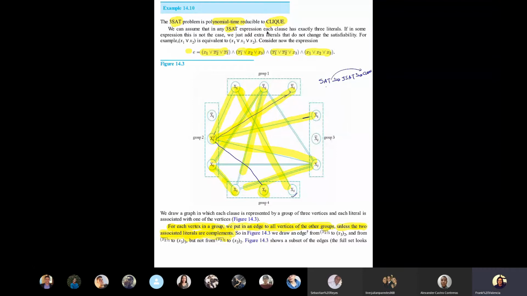So the idea is that you can make this group true by putting a 1 here.